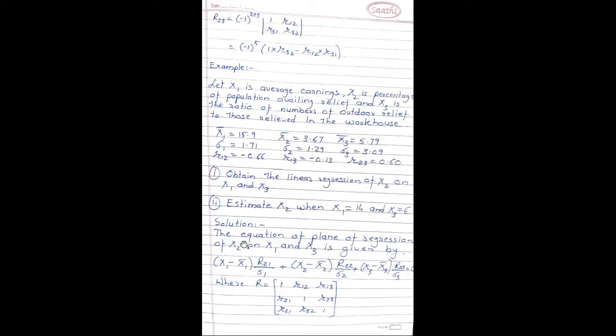Solution. The equation of plane of regression of x2 on x1 and x3 is given by (x1 minus x1 bar) R21 upon sigma 1 plus (x2 minus x2 bar) R22 upon sigma 2 plus (x3 minus x3 bar) R23 upon sigma 3 is equal to 0, where matrix R is given as 1, r12, r13; r21, 1, r23; r31, r32 and 1.